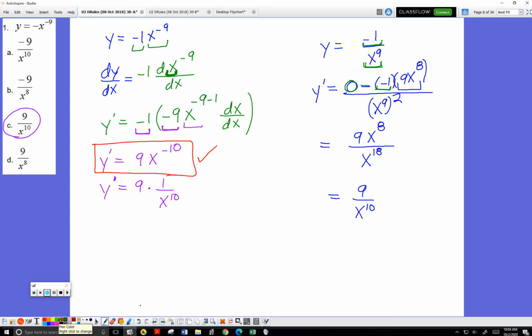I'm saying I need d over dx of the bottom. Power rule says you got something to a number. You bring down the number, multiply by the something, change the exponent to 1 less, multiply by d over dx of the something. You see it? Yeah. That's where the 9x to the 8 came from.